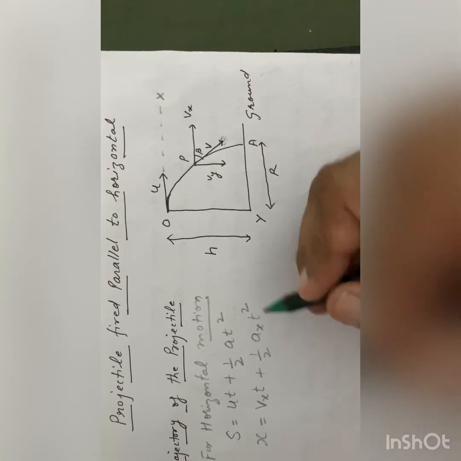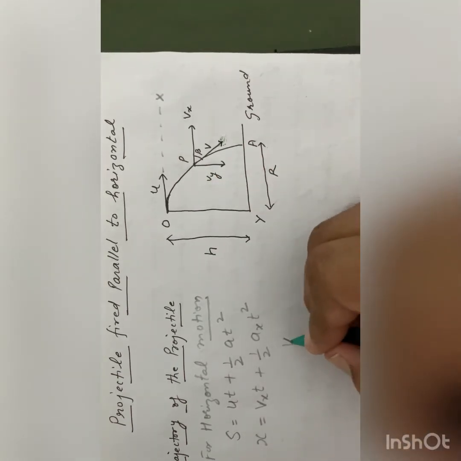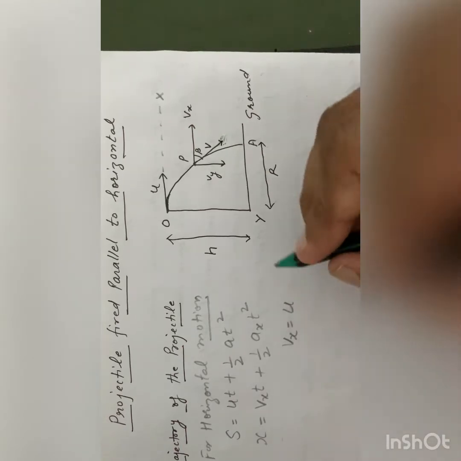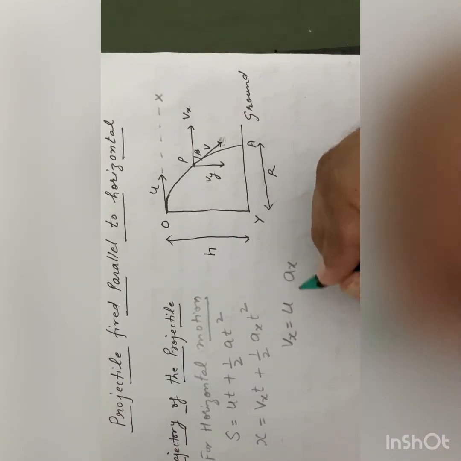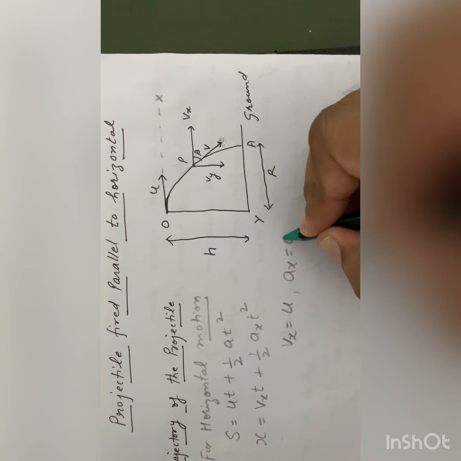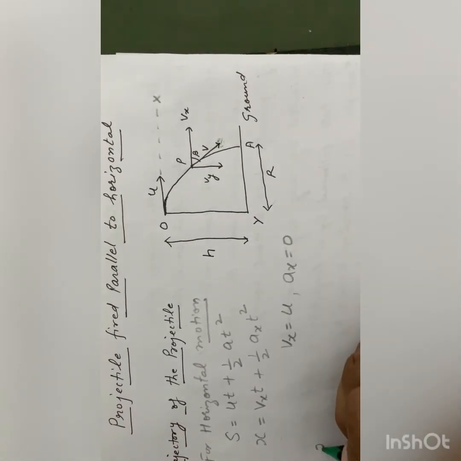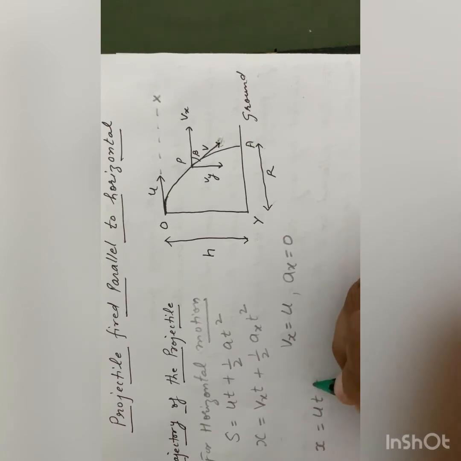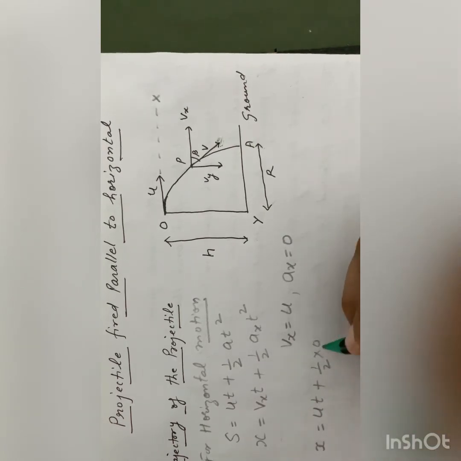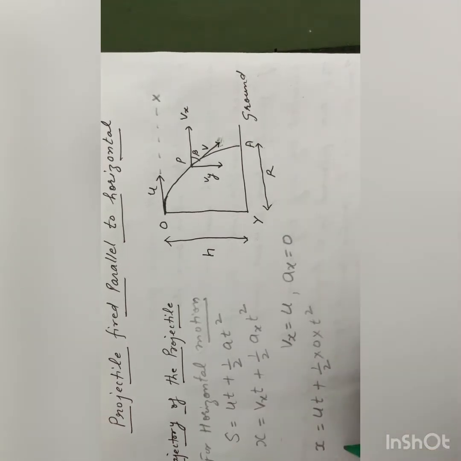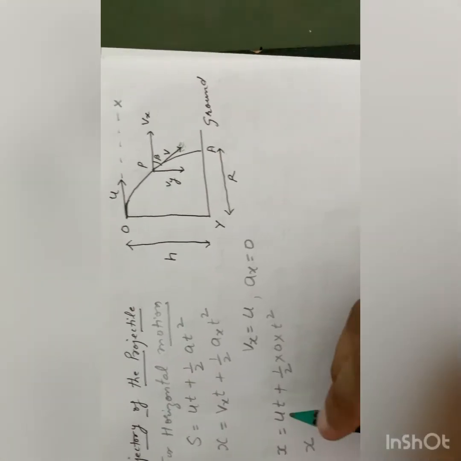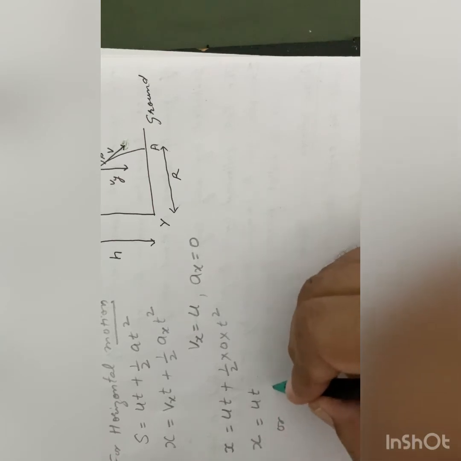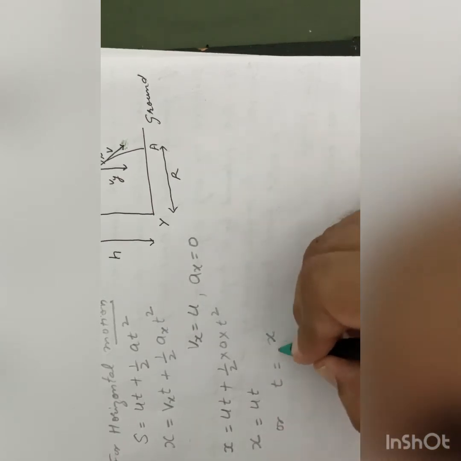We know that velocity along x-axis is u, that is uniform. So it means acceleration along x-axis is 0. So we get x equal to ut plus 1 by 2 into 0 t square, or x equal to ut, or t equal to x by u.